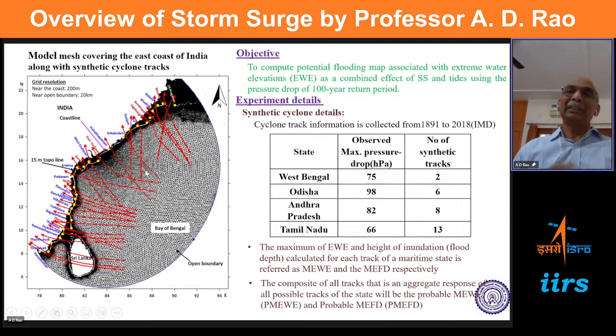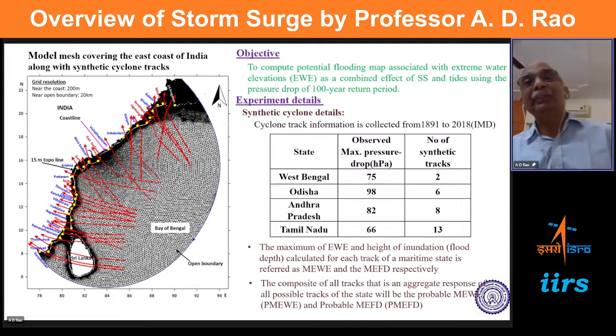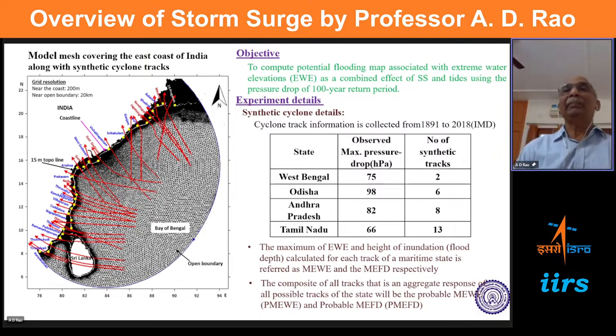So I considered that IPCC report and increased the intensity of the cyclone by 7% and 11% for the moderate and extreme cases of the warming scenario. I considered those climate scenarios also to see how much this coastline is being affected. These are the objectives of my presentation.